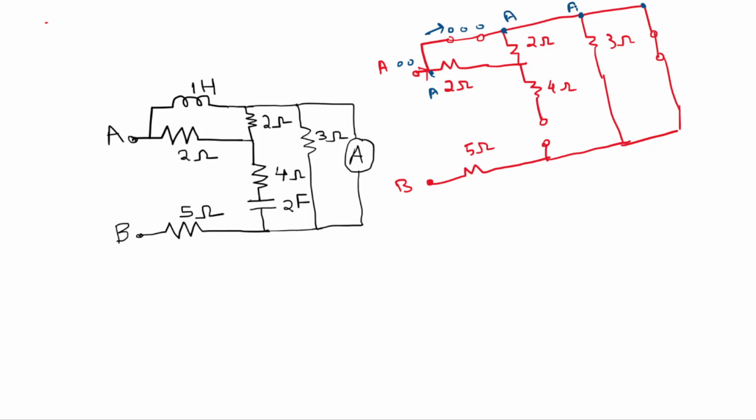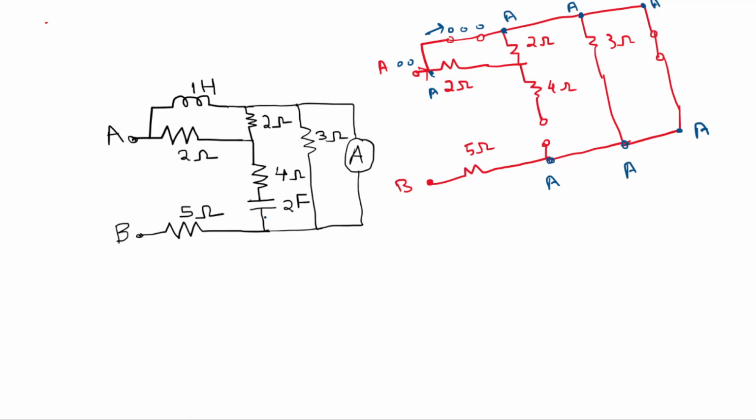This is also A and this is also A. And as this is getting shorted, this becomes A, this becomes A, this becomes A, right? So just by giving the node names, we can find that the resistance across A and B is going to be 5 ohm, right? But we'll just prove that.